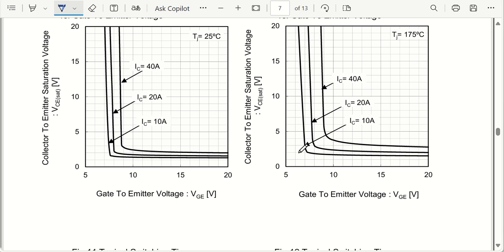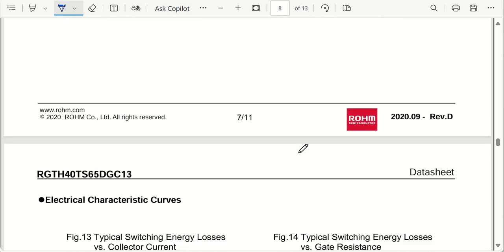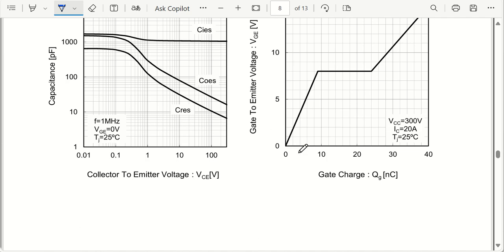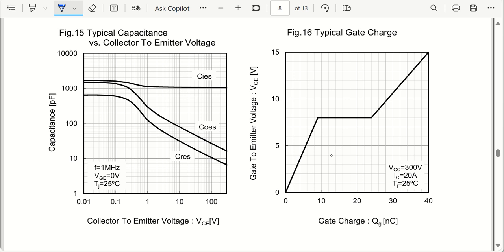Let me show you one very good performance characteristic, which is going to be, yes, this one. So let us say we have typical gate charges. How the switching on happens on your IGBT is basically there will be a gate pulse that will be going into your gate.